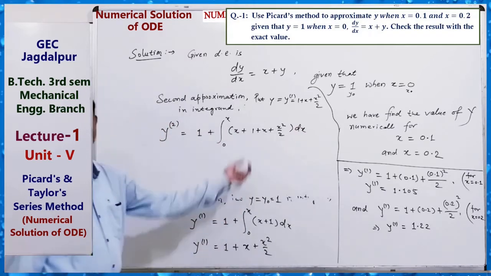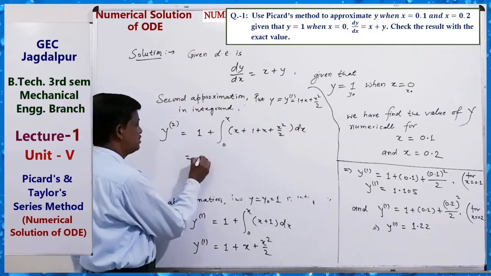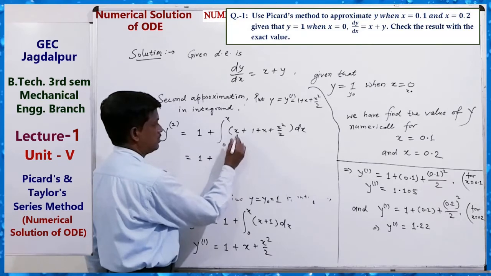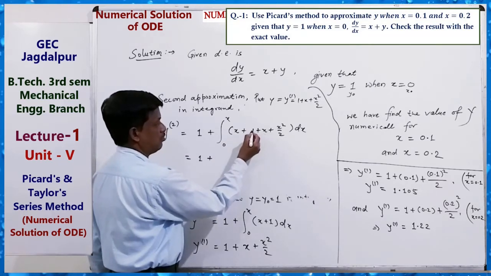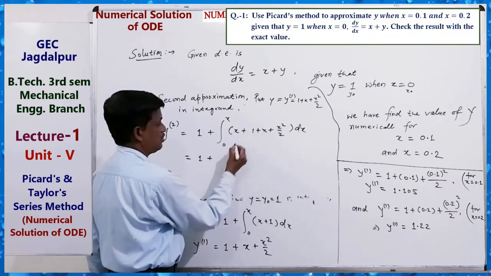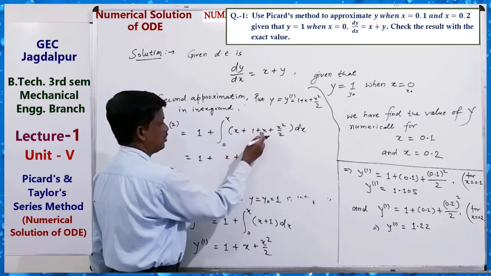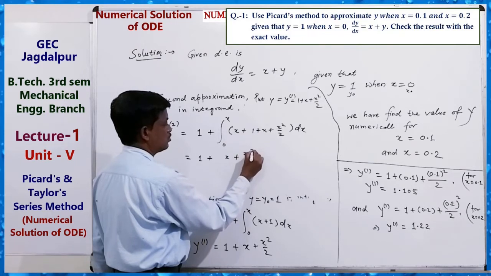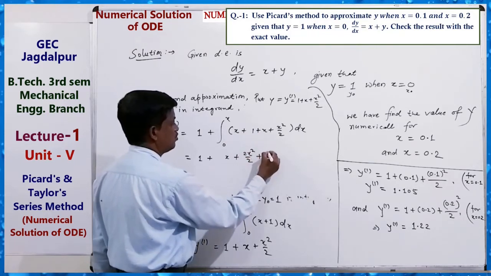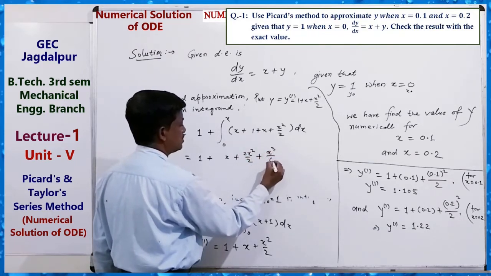Now we can integrate it. So 1 plus, just 2x 1. So what will we get? 1 means x, 2x means 2x square upon 2, plus x cube means x cube upon 3 into 2, 6.